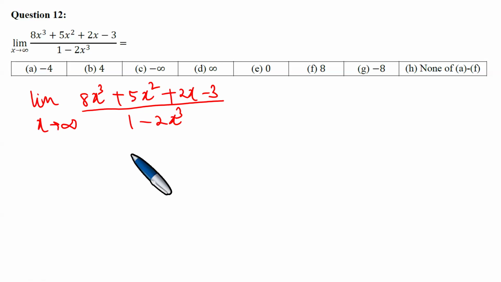Please try this limit and let us know as soon as you are done.